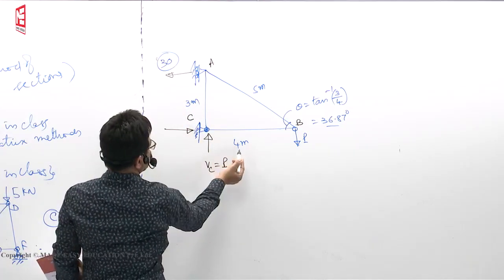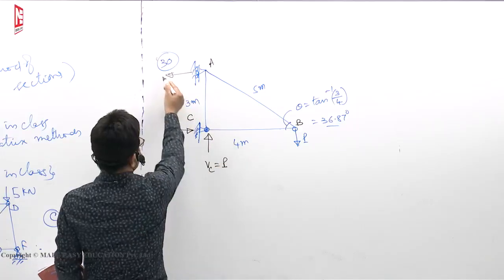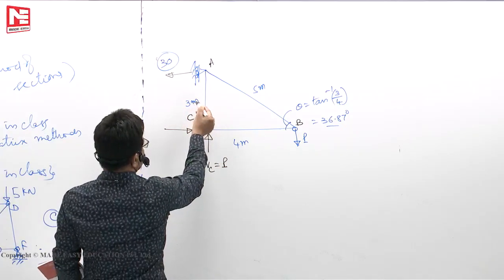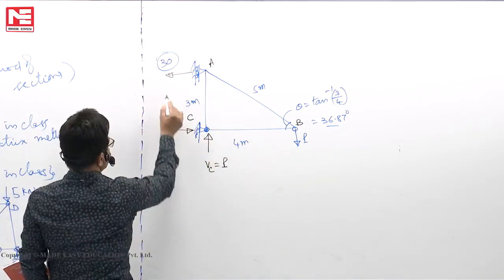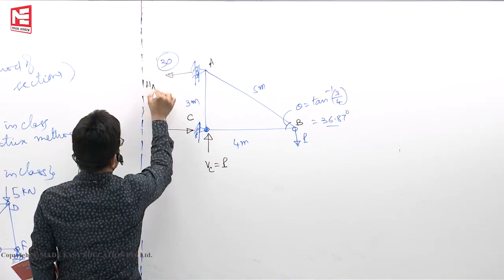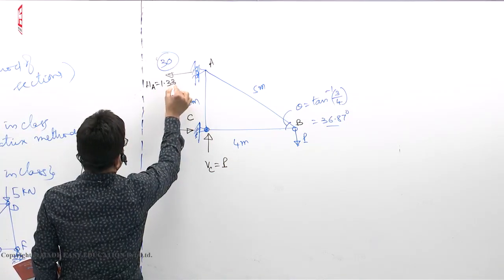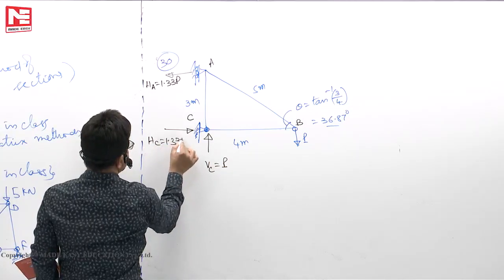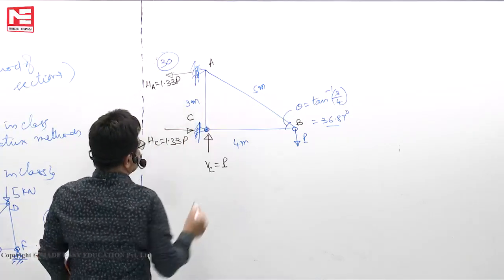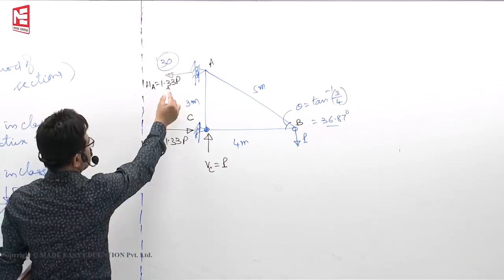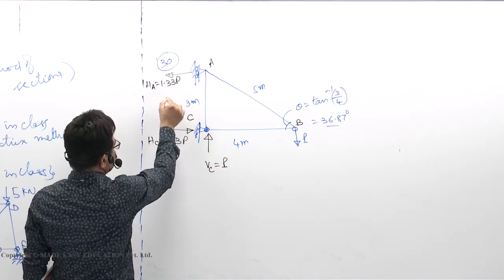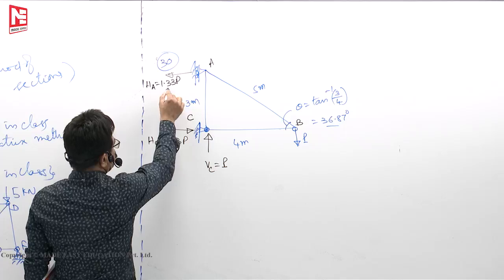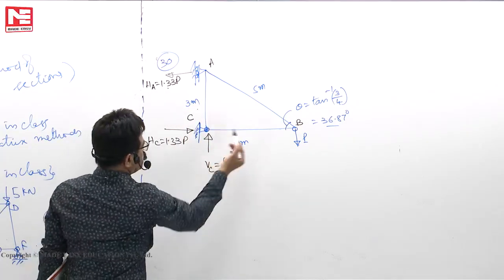Same amount. So P into 4 must be equal to X into 3. So that means 4 by 3 means 1.33. HA is equal to 1.33P. HC is also 1.33P. So 1.33 into 3, that means 1.33 I can take as 4 by 3. 4 by 3 into 3 is 4. P into 4 is 4.